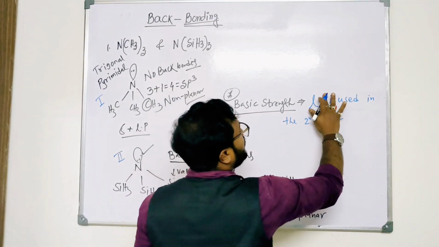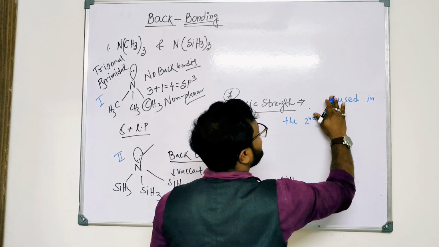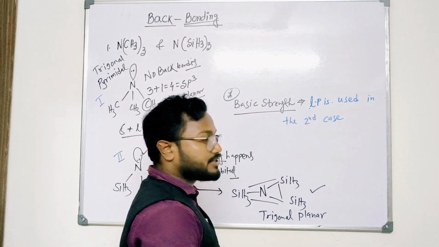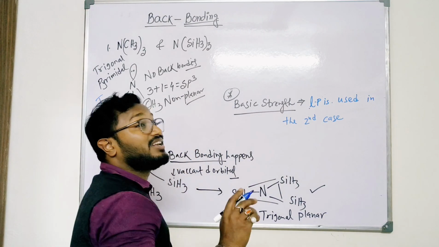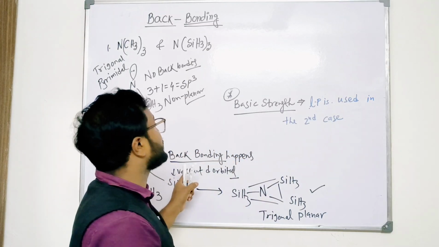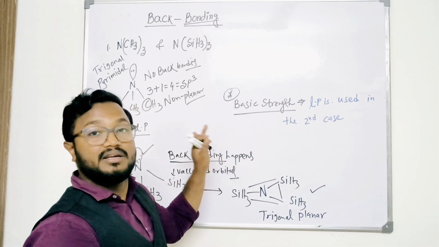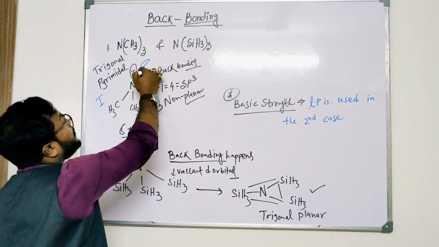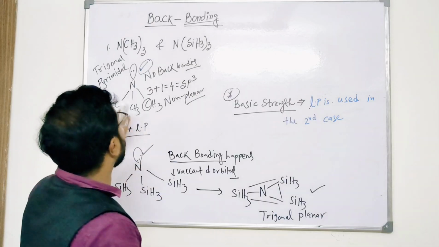As the lone pair is used in the second case, it does not have any lone pair to donate. As a result, it is a bad Lewis base. In the first case, the lone pair is unused.